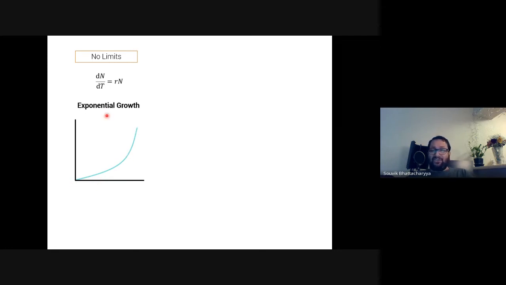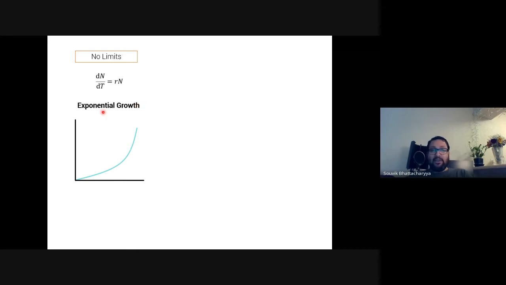But this is theoretical. It's possible, and we do see examples of that, but it is followed by some other events. Because if this was true for one organism, that organism would have just grown and would never cease to exist. What happens is that there is a concept called carrying capacity.